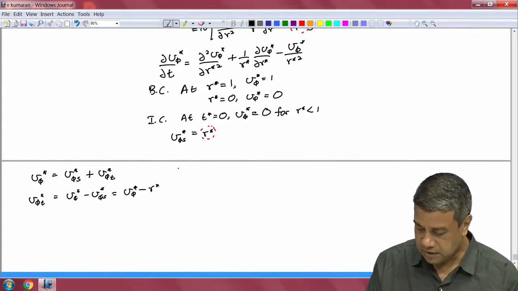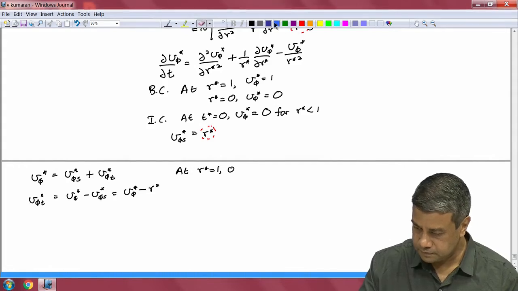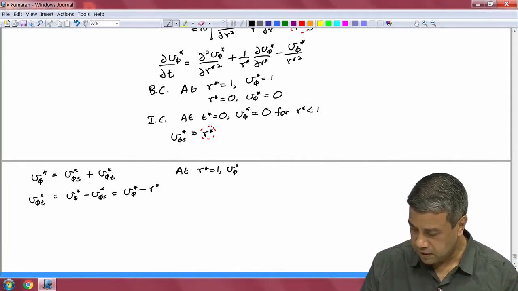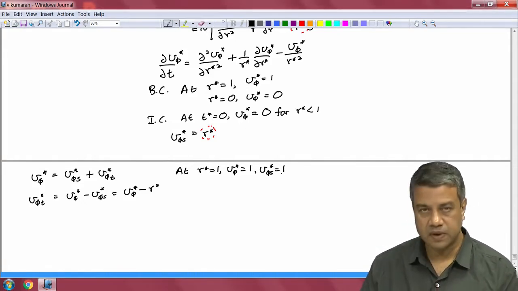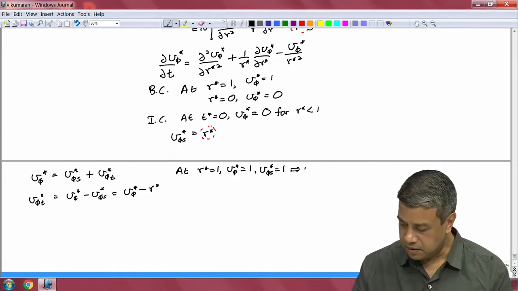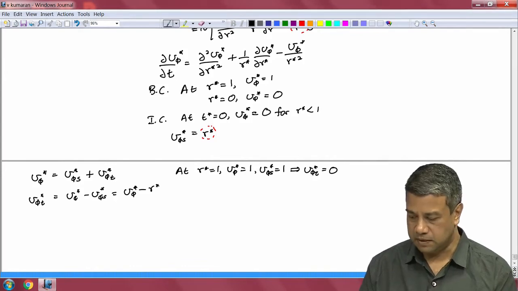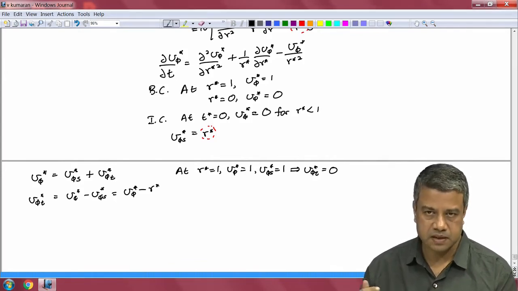For the transient part, at r star is equal to 1, V phi is equal to 1, and the steady solution is also equal to 1. That implies that V phi transient is equal to 0, because V phi transient is the total solution minus the steady solution.